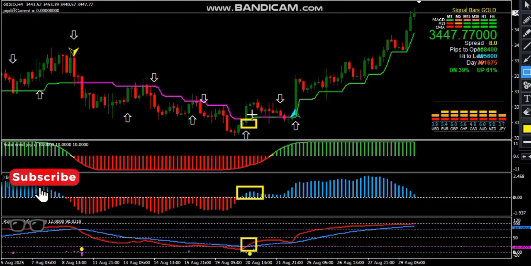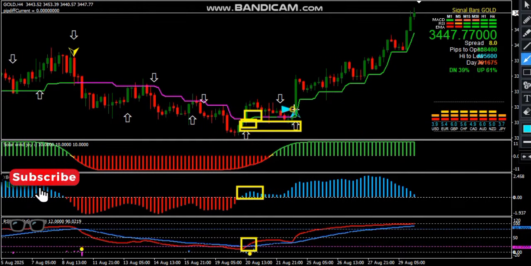You can find the fair value gap in between where price returns for the retest before it goes up, or you can take your entry right here at the order block. At the time of price returning to this order block, this has confirmed. This is already going up, and you would have taken your trade, and voila!